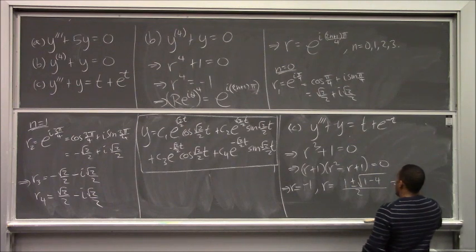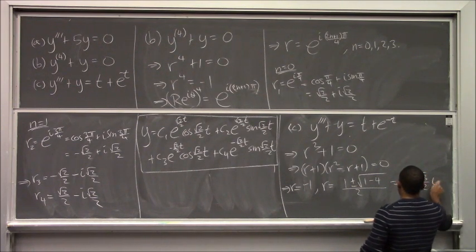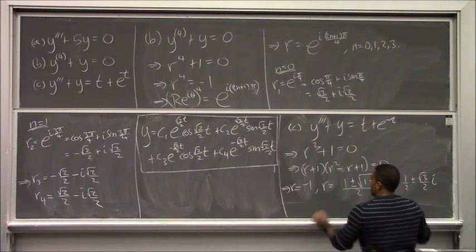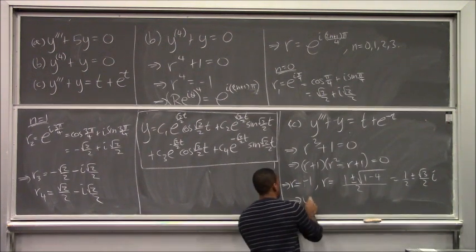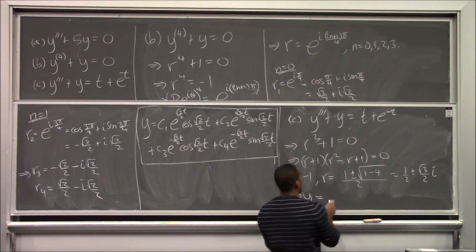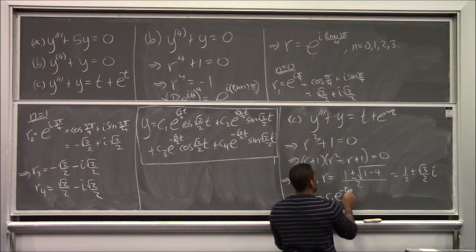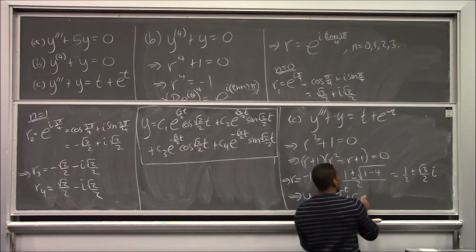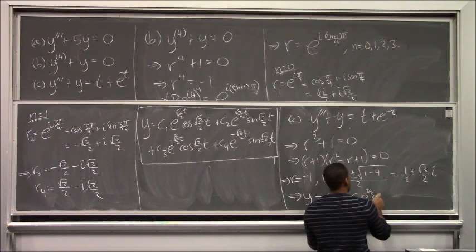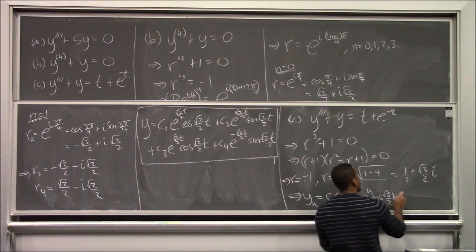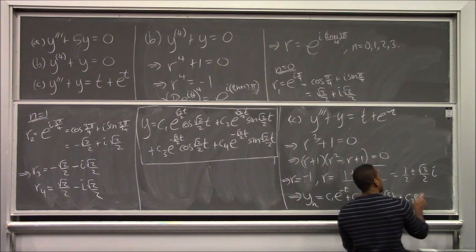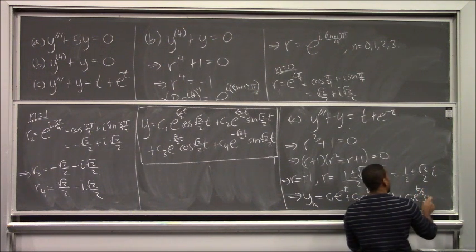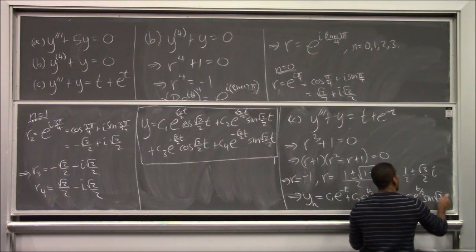It's going to be 1/2 plus or minus radical 3 over 2 i. So this means my homogeneous solution, y_h, is going to be c1 e to the minus t plus c2 e to the t over 2 cosine radical 3 over 2 t plus c3 e to the t over 2 sine radical 3 over 2 t.